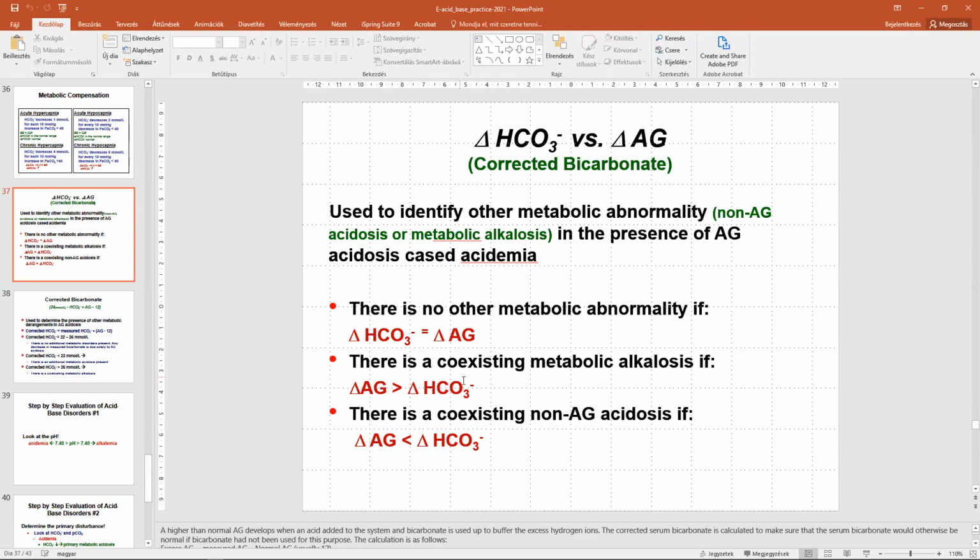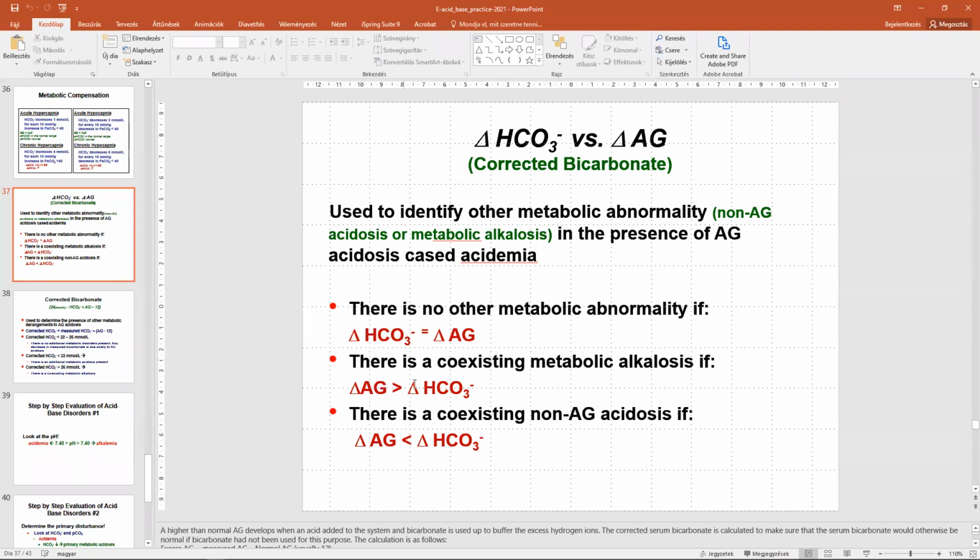That patient has a metabolic alkalosis. However, if the anion gap doesn't increase as much as the bicarbonate decreased, it means that in addition to the acid production, we have an additional bicarbonate loss. So we have a non-anion gap acidosis.